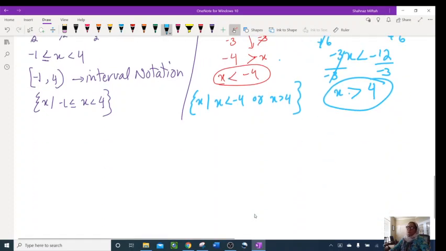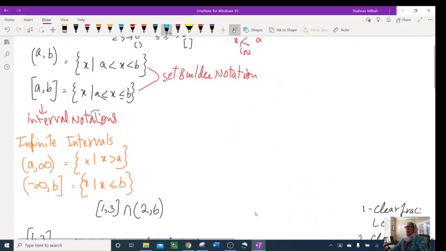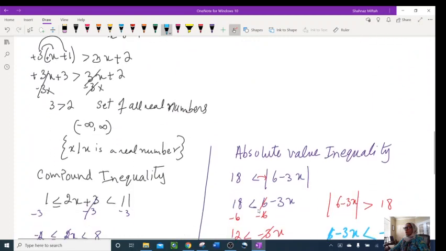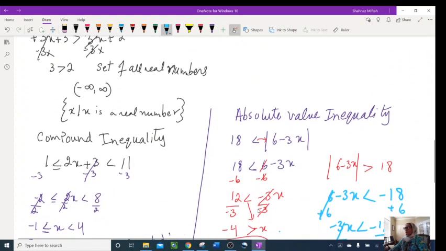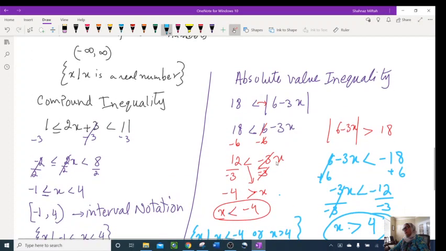Okay, so we are done with this objective, guys. Make sure that you remember when I did the absolute value equations, you have two things, one negative, one positive answer. When you have absolute value equals something, that something is supposed to give one positive, one negative, and you solve the problem like a regular one. But before you start solving, the absolute value is supposed to be by itself, isolated.